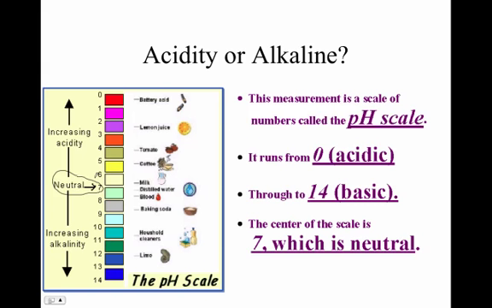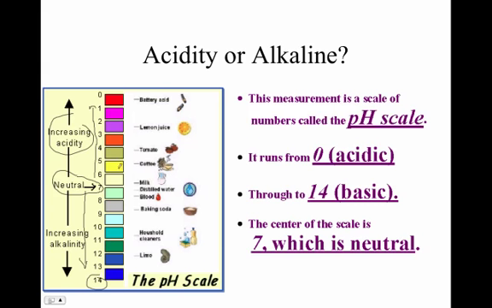The more hydrogen ion, the more that number on the pH scale goes down to 4, 3, 2, and even 1, and it becomes increasingly acidic. The less hydrogen ion, the more it becomes what we call alkaline or basic, and it can be as much as 14 on the pH scale.